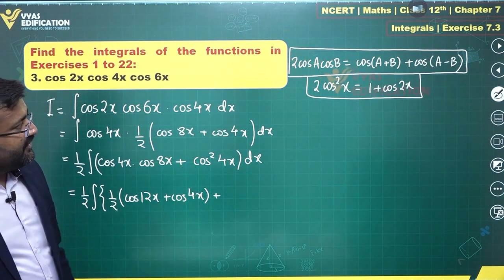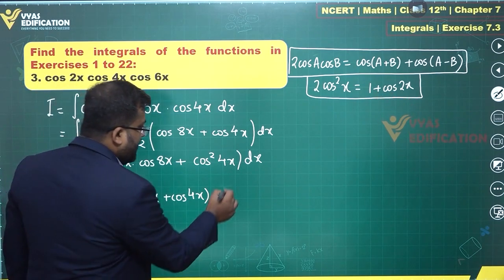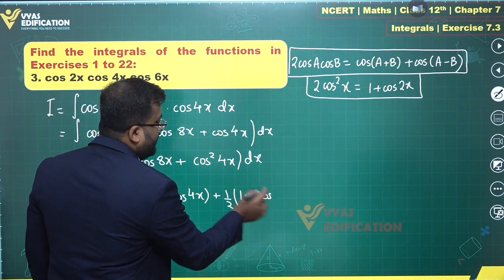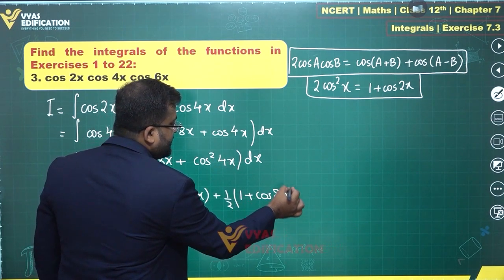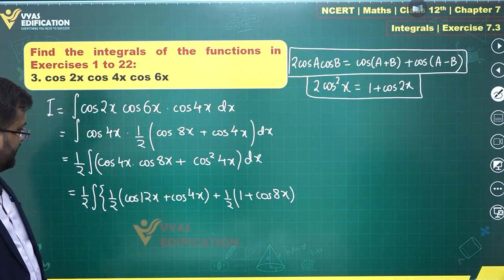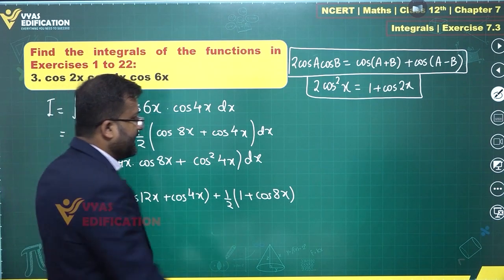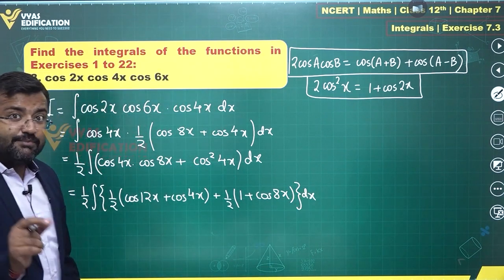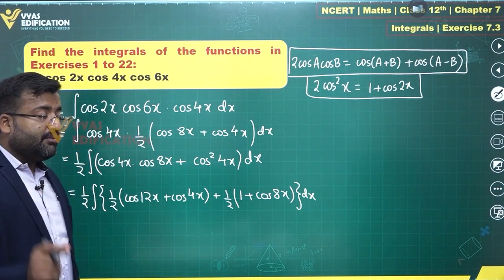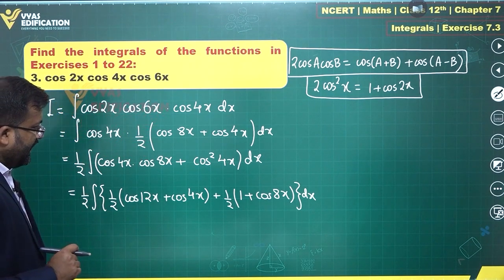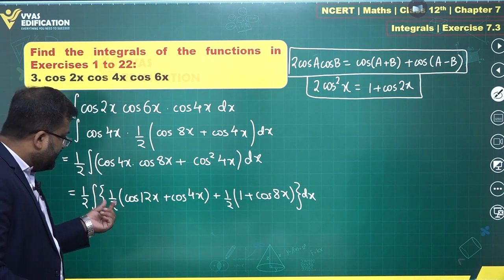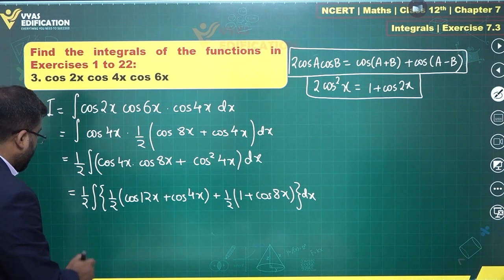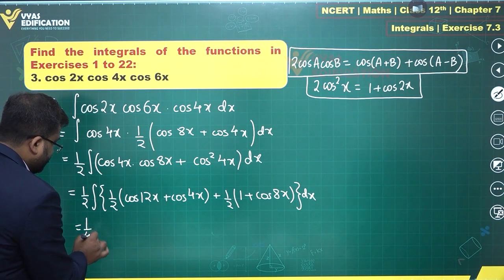That can again be written as half times, in the bracket, 1 plus cos of double this angle, which is 8x. This is what you have. So the curly bracket opens at the first term, and at the second term the curly bracket gets closed. Respect the brackets. Don't miss out on the brackets, and if you do that, you will not face much difficulty. So this half and half can be taken out common from these two terms, and we'll have a 1 by 4 outside.